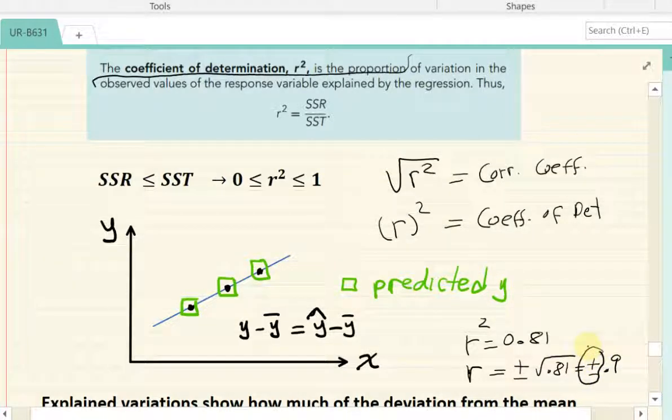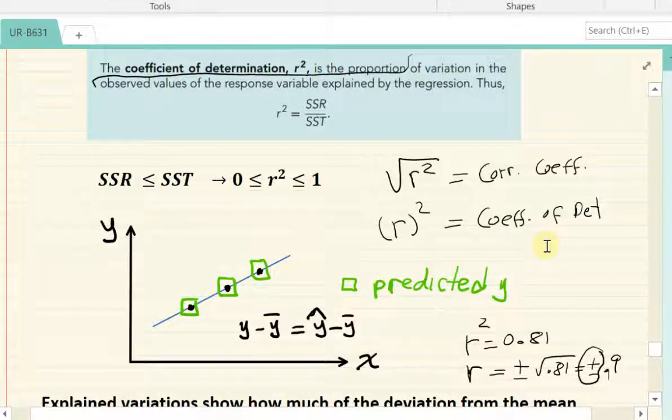It turns out that the sign on the correlation coefficient, as you can see, could be positive or negative. R squared, by the way, is always positive because you're squaring things. But correlation could be positive or negative. So which one do I pick? Positive 0.9 or negative 0.9? Well, it depends on the slope.